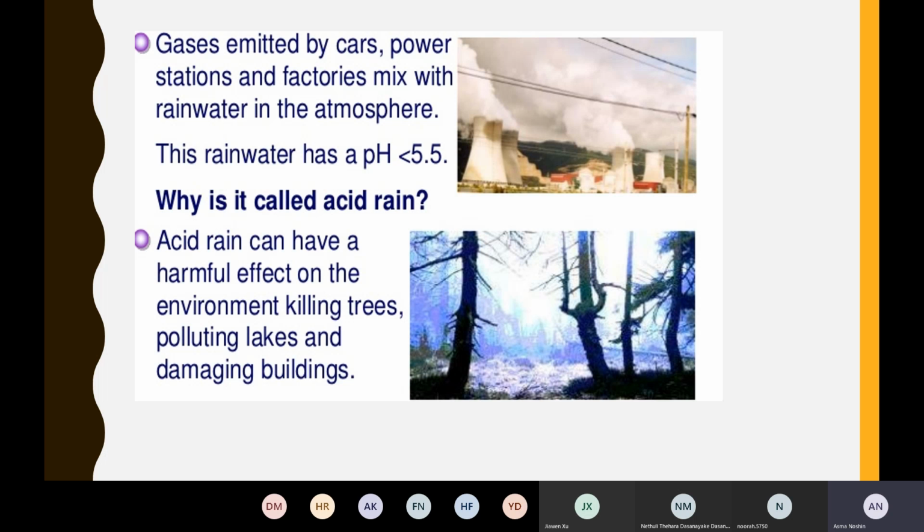And how is it affecting our environment? It is harmful. It can pollute water. Damage, a lot of damage. Our skin can get corrosive, it can harm our skin. We will lose trees.